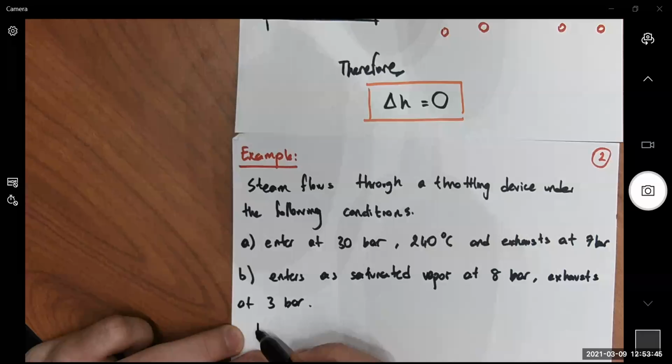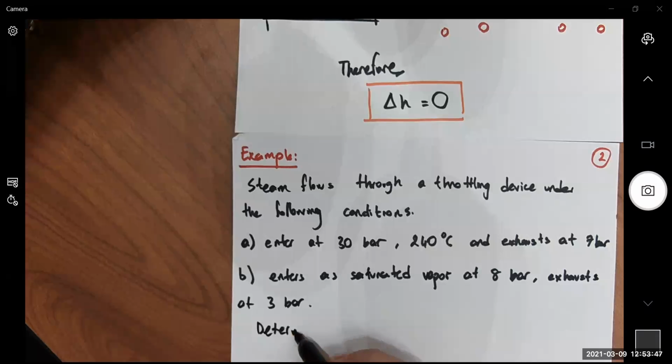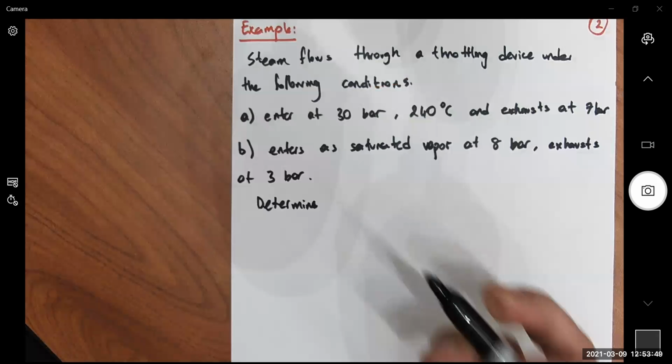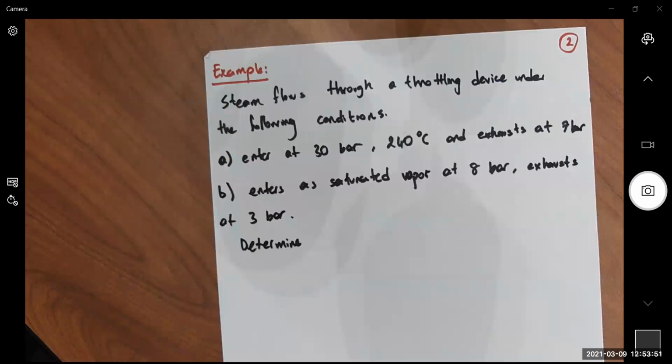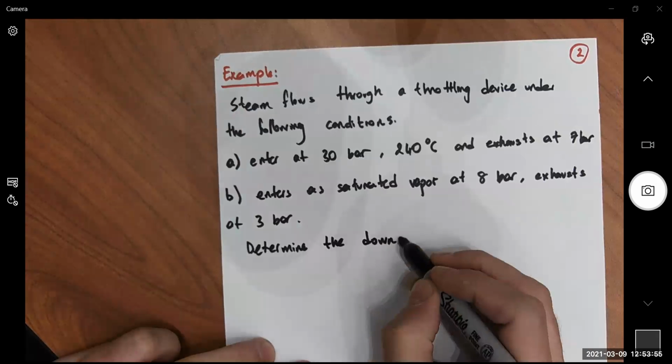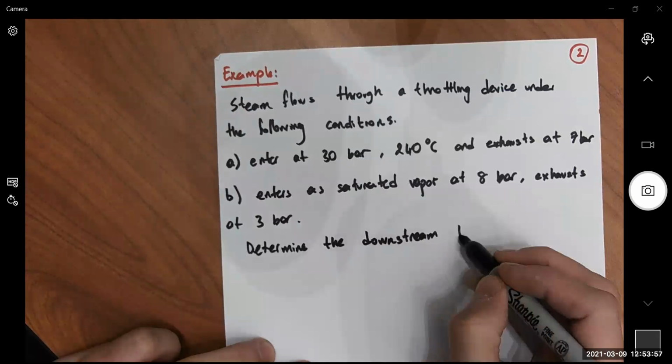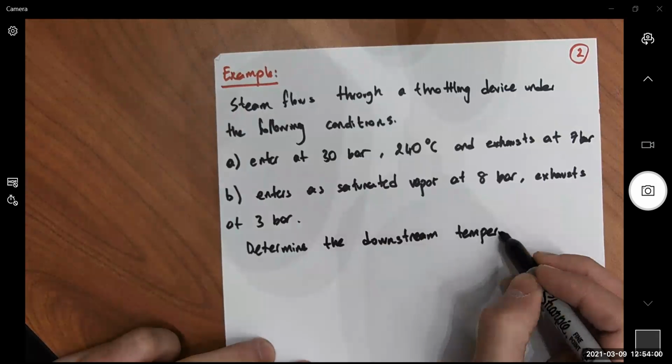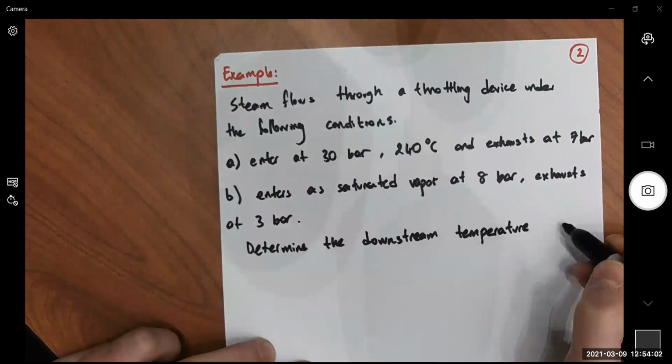Determine the downstream temperature for each one.